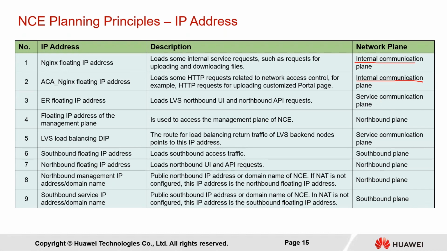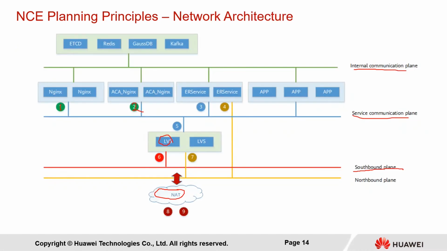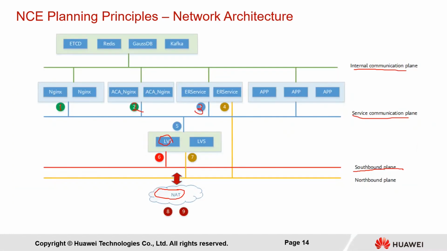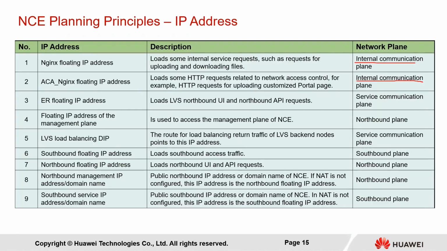It loads the LVS, northbound UI, and northbound API requests. It is on the service communication plane. And the 5, LVS load balancing DPI, the route for load balancing return traffic of LVS backend nodes points to this IP address. The 5 is also on the service communication plane, and so on.